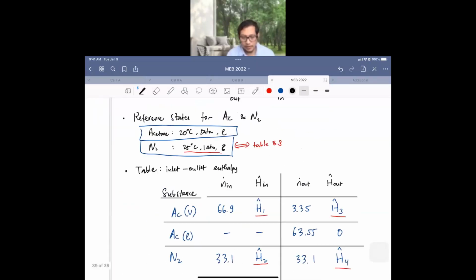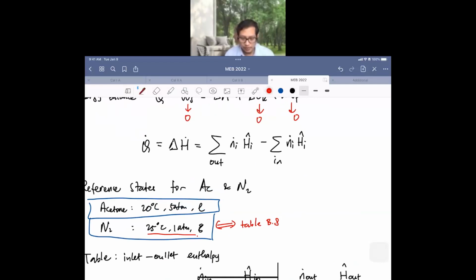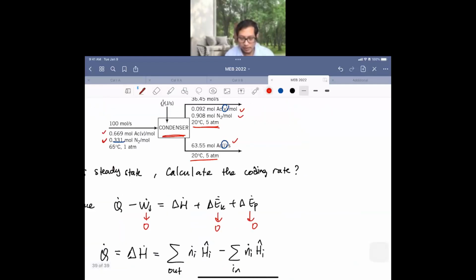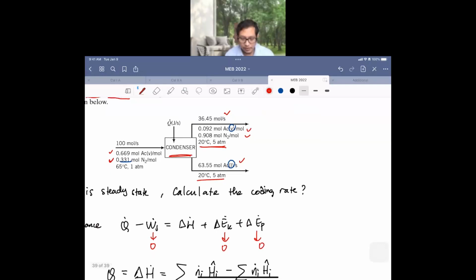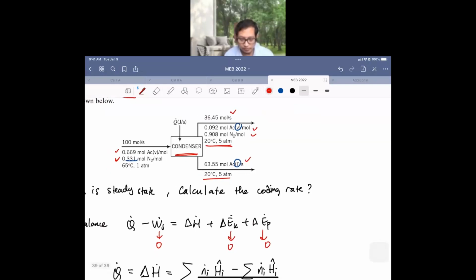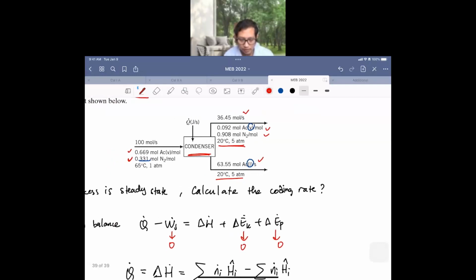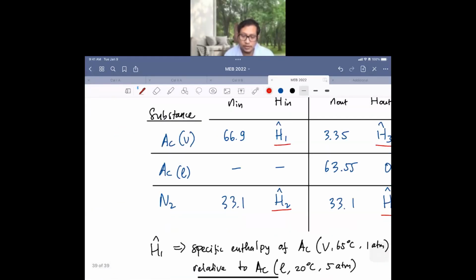Another reason why we choose this as our reference is that if you look at our chart, they have 20 degrees Celsius and 5 atmosphere at these 2 species here, which means if we take this state as our reference state, it will make our calculations easier.